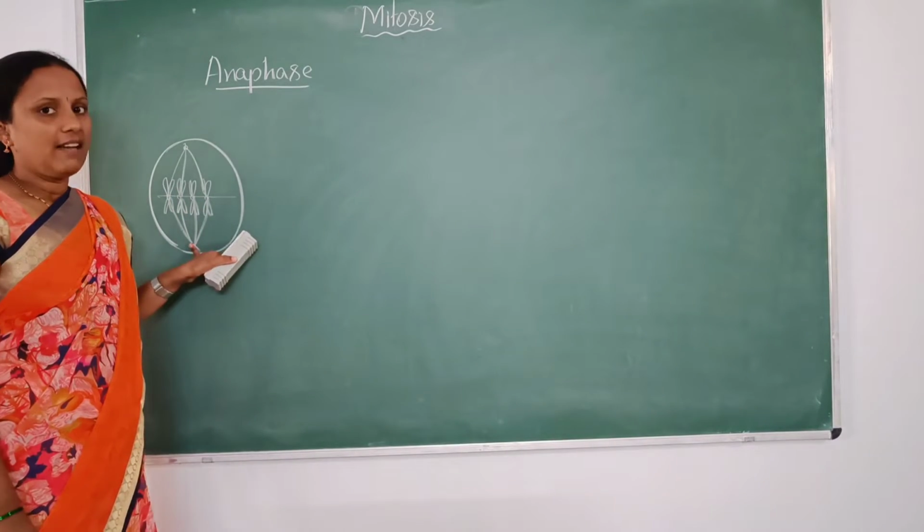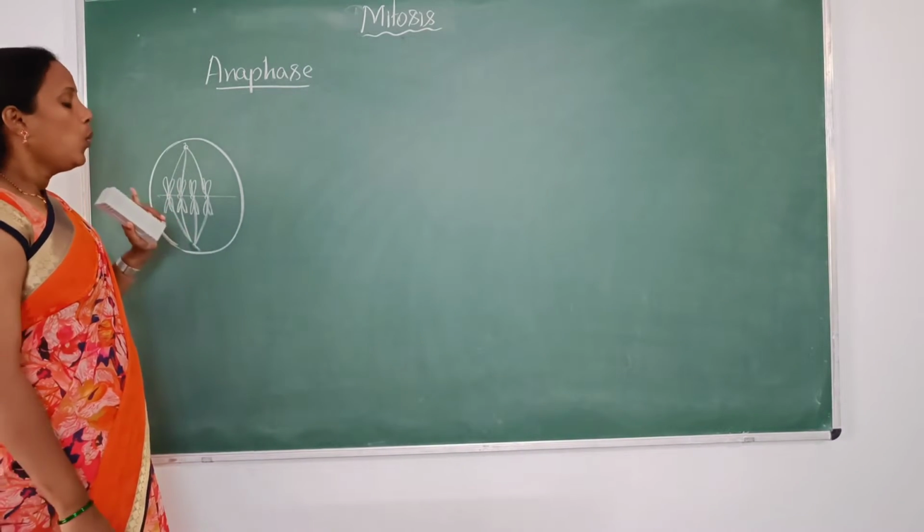All of the chromosomes are arranged at the equatorial plate and they are being attached with the spindle fibers. So this is the metaphasic chromosome.